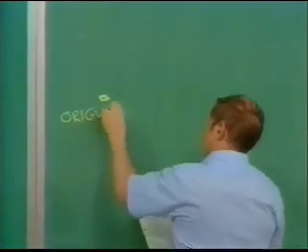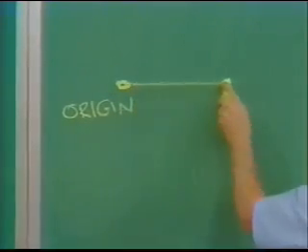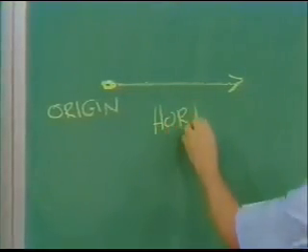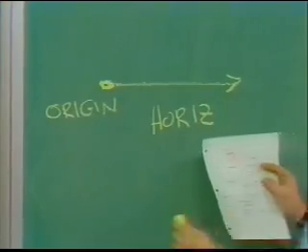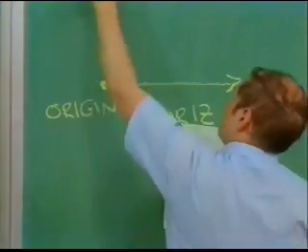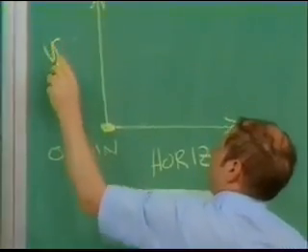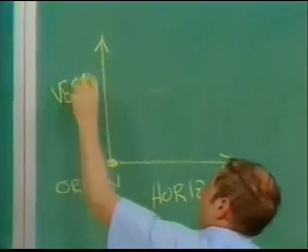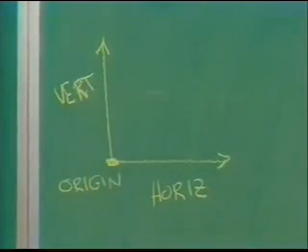That's going to be some vector that says where the rectangle starts, and then there's going to be some other vector that I'm going to call the horizontal part of the rectangle, and another vector called the vertical part of the rectangle.